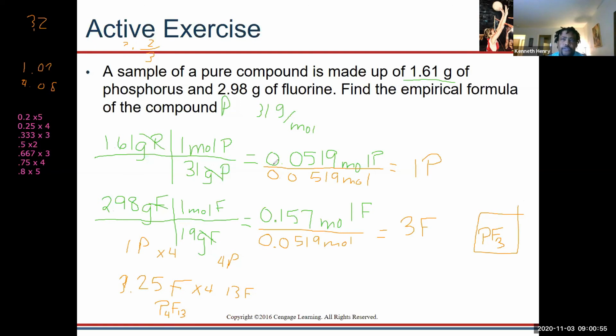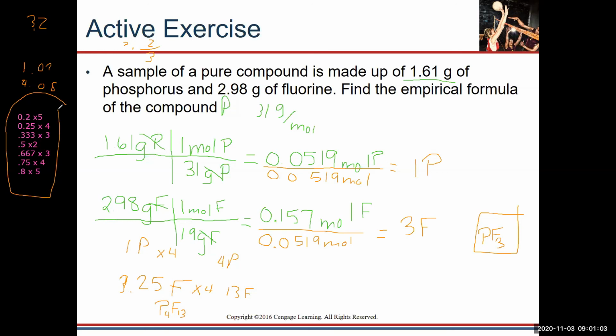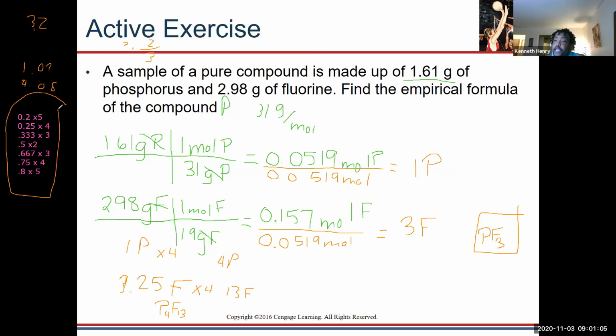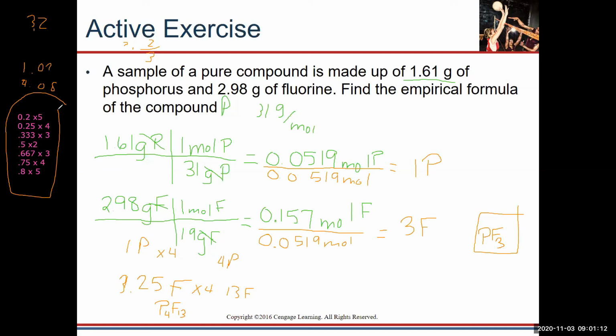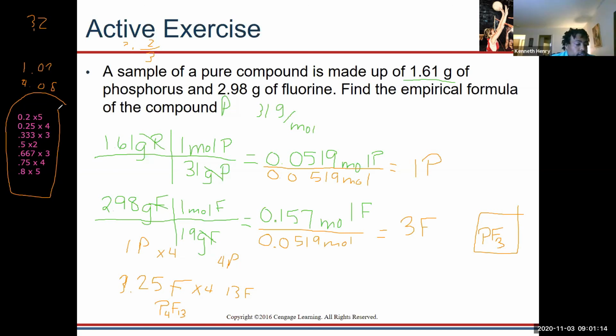Do you guys understand how to use this table? Okay, I'd write down that table. I put it on the side of my periodic table so I remember it. Questions, concerns? Okay, can I move on? Everybody got it down?